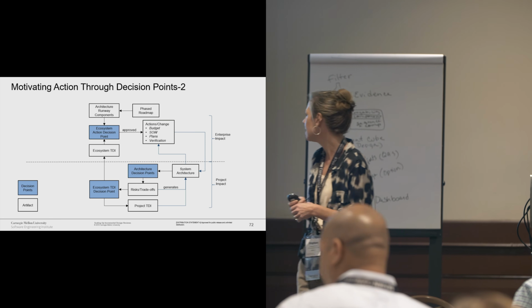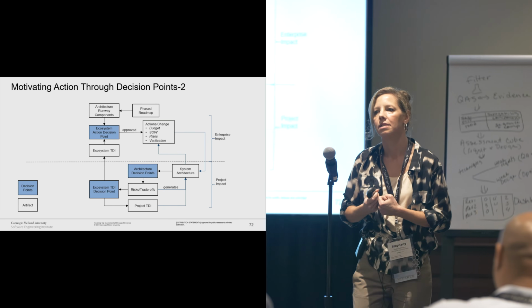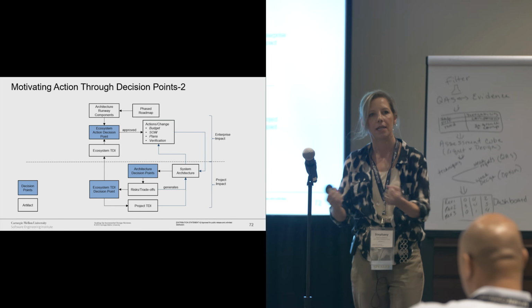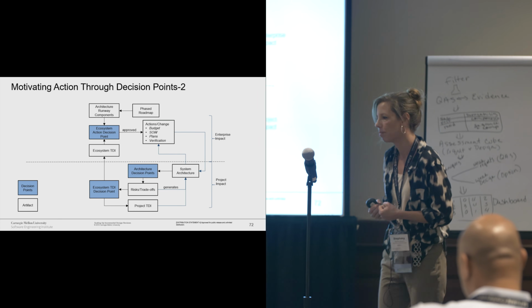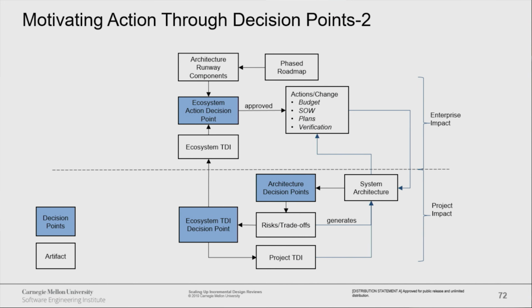On the decision points, the key point of this slide is just to say that this process doesn't run by itself. We feel like the architect has to really embrace these processes and force decisions to be made, because otherwise risks just sit out there in a repository, nobody makes a decision to do anything about it, and it's really the architect that has to push them forward and be the forcing function.